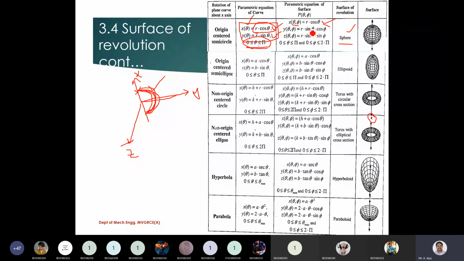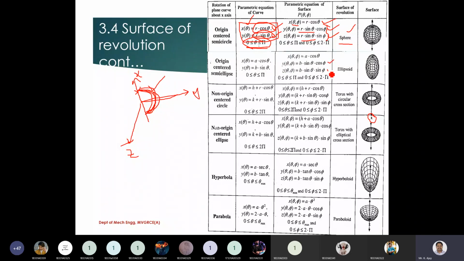The only difference is y of theta comma phi and z of theta comma phi. Whatever is the y equation, r sin theta, for the curve, for that r sin theta you are going to apply cos phi, and for the same r sin theta you are going to apply sin phi. So by applying these cos phi and sin phi values to the y and z equations alone, look at all the equations.